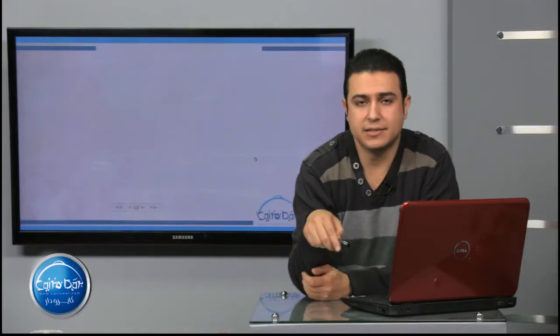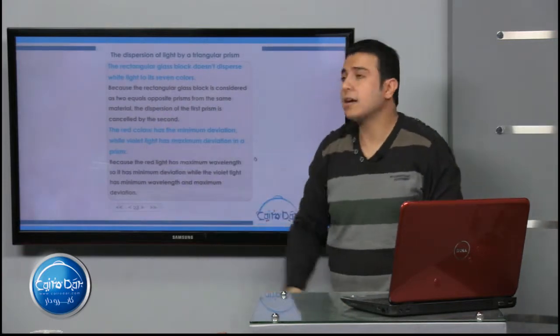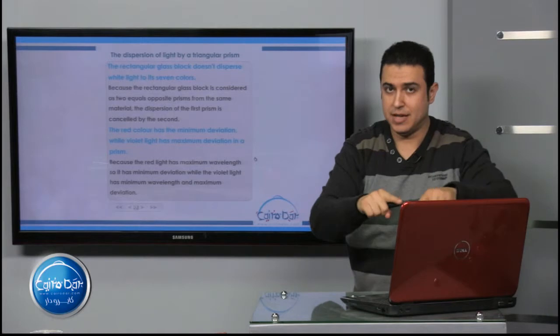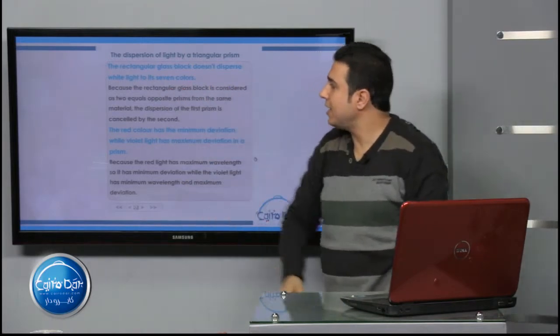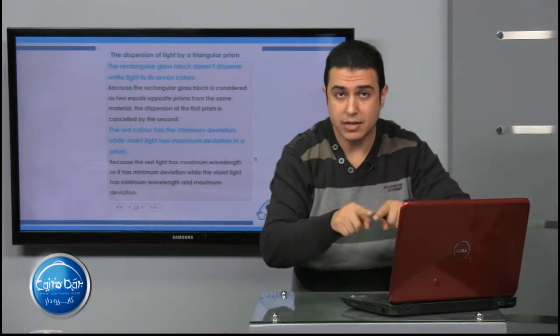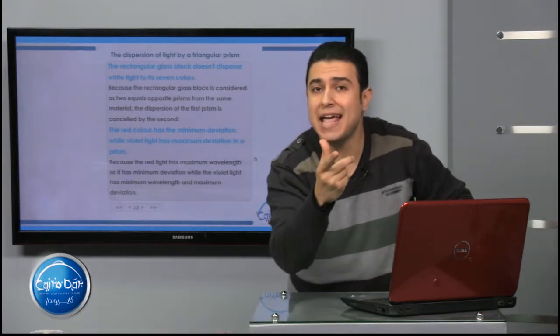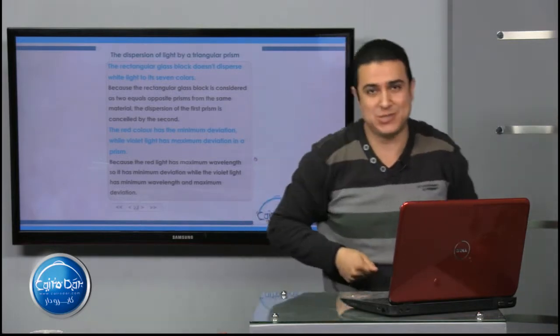After that, when I ask you to give reasons why the rectangular glass block doesn't disperse white light into its 7 colors: the rectangular glass block can be considered as 2 equal and opposite prisms.